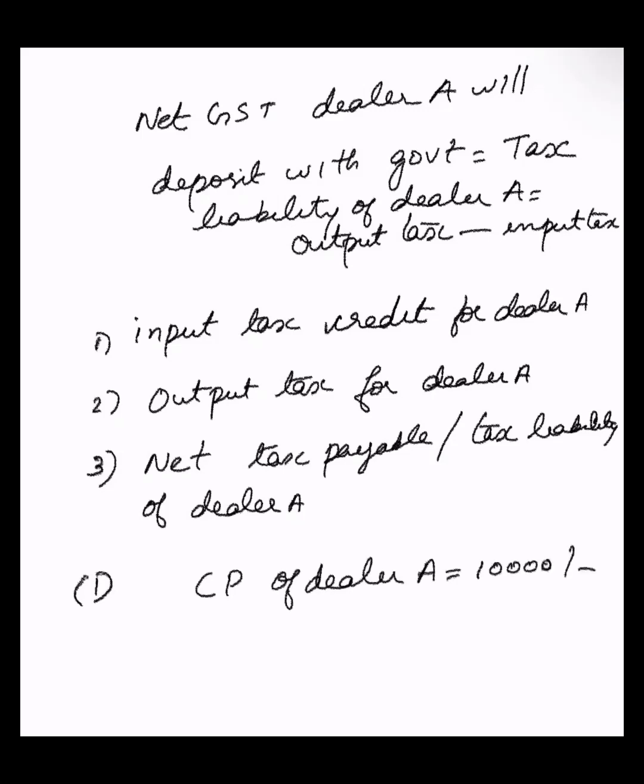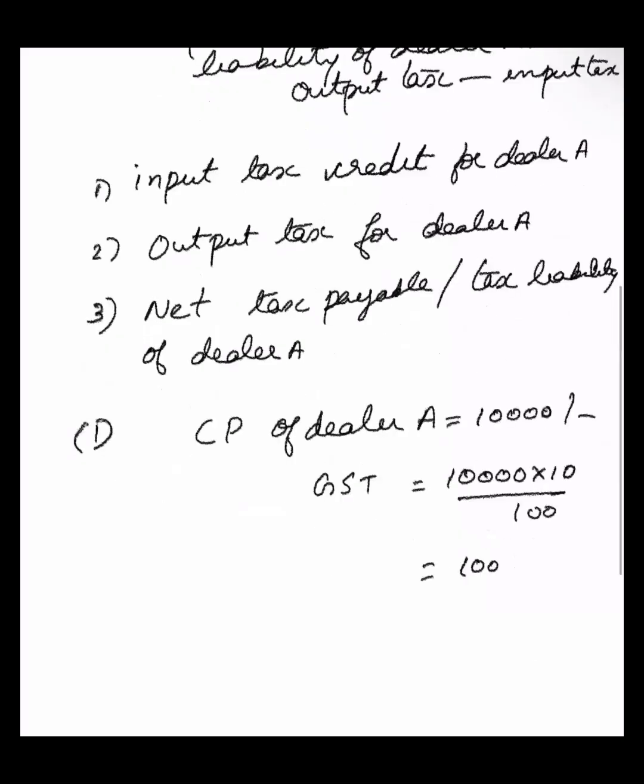On that, you are calculating the GST. It was given as 10% GST. So 10,000 into 10 by 100 is 1,000 rupees. So this 1,000 rupees is the input tax credit or simply input tax for dealer A.